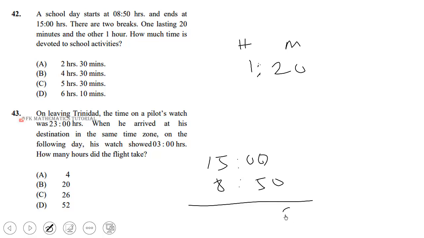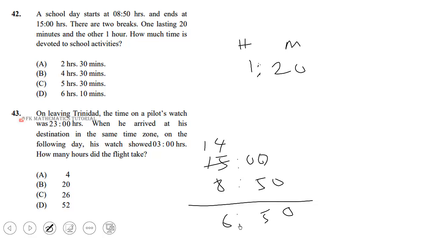So 0 minus 0 is 0, 0 minus 5 is not possible. Borrow 1 from here, we have 14. Now 10 minus 5 is 5, then 14 minus 8 is 6. So 6 hours 50 minutes from 8:50 to 1500.